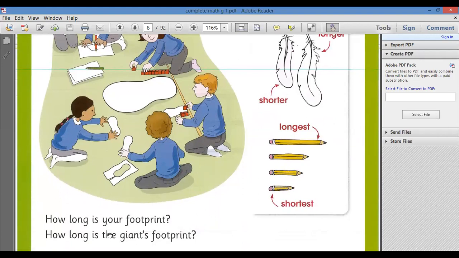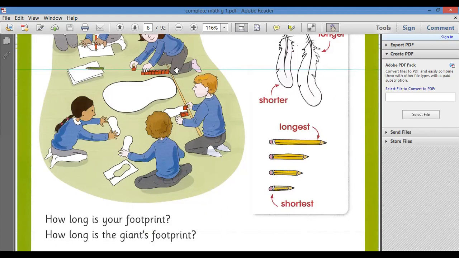How long is the giant's footprint? Now measure this with the ruler and you are going to know the giant's footprint is bigger. Elders have longer footprints, whereas the kids have shorter footprints. Okay, so you have to measure these footprints.